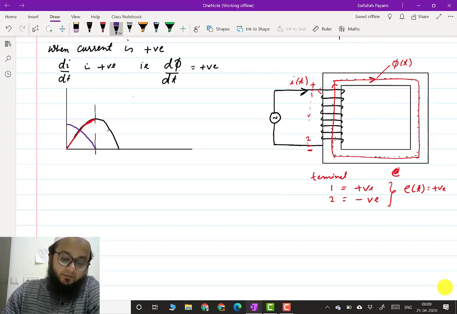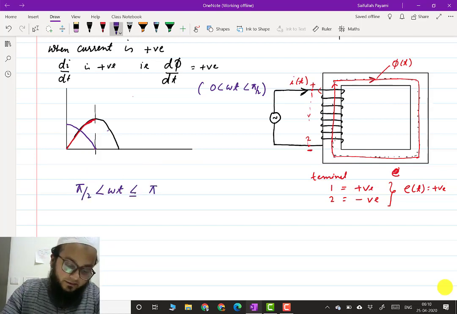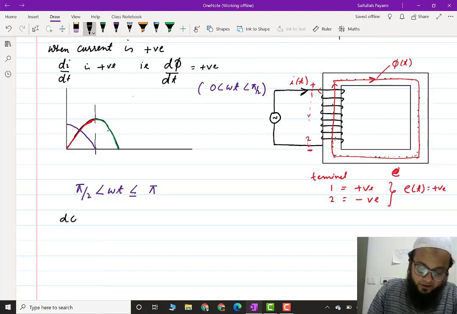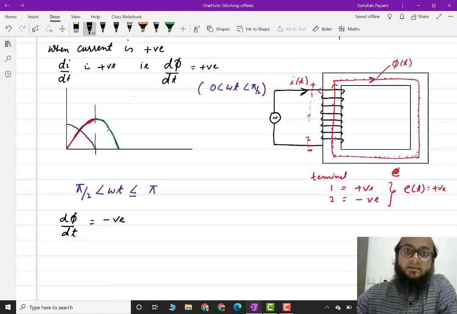So this is for when omega t is greater than 0 and less than or equal to pi by 2, and for when omega t is greater than pi by 2 and less than or equal to pi, during this region d phi by dt is negative. That means the flux is decreasing.